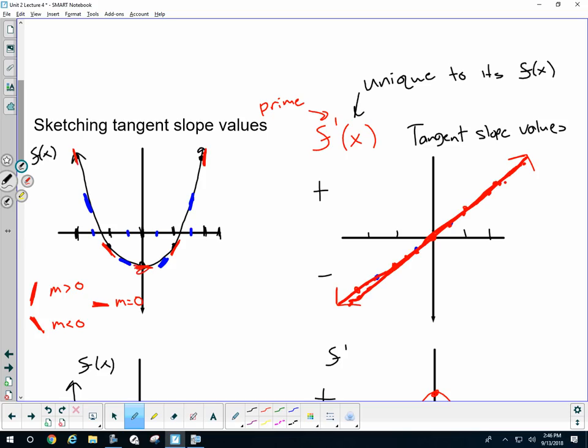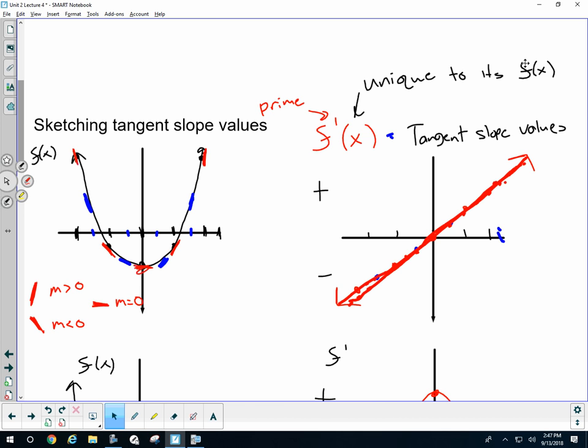Our alternate approach might be, knowing that I have some sort of friendly function that can show all of the tangent slope values to the original function, if I could find this equation, whatever the equation may be, I could just plug 2 into it, and I would get 12. Whatever this equation might be, it's some mx plus b equation, and I'd get 12. Okay? Now, how would we find that?